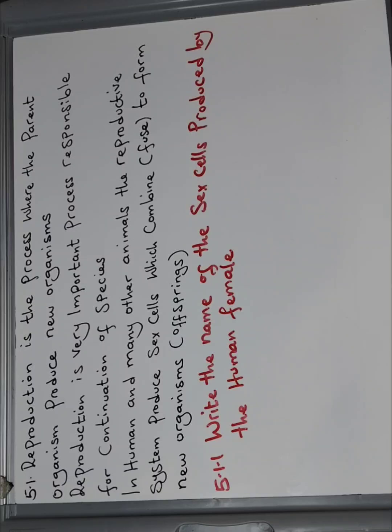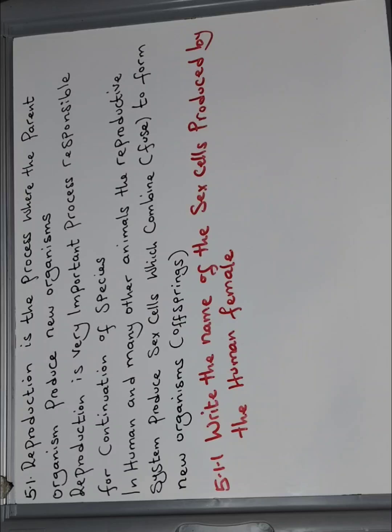Now, these cells find a way to come together and they fuse to produce one cell, and that cell is what changes into the new organism through a cell division process. So technically, that's what you're supposed to know for this level. So let's look at the first question.